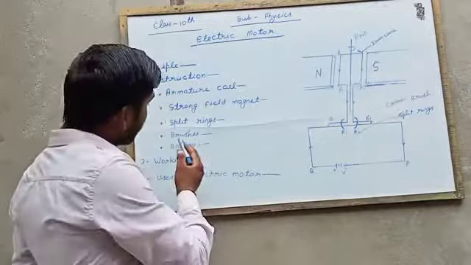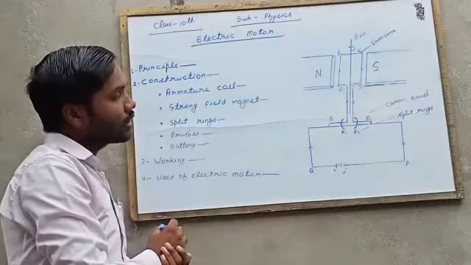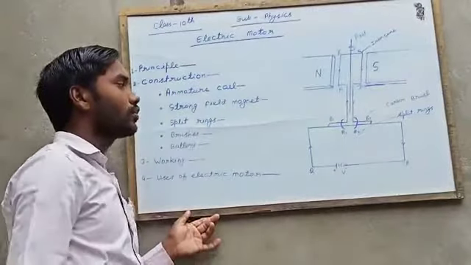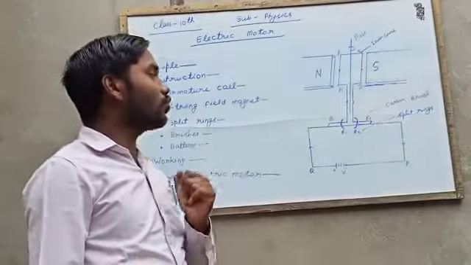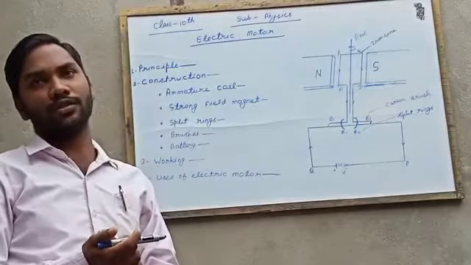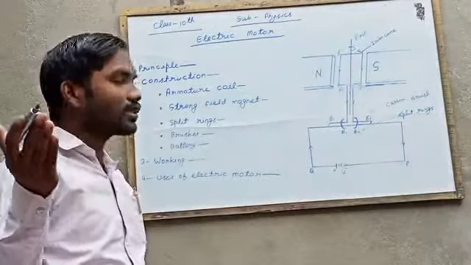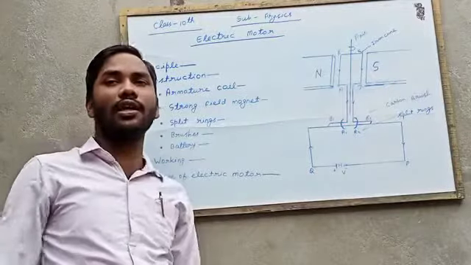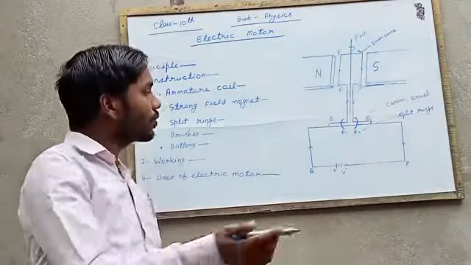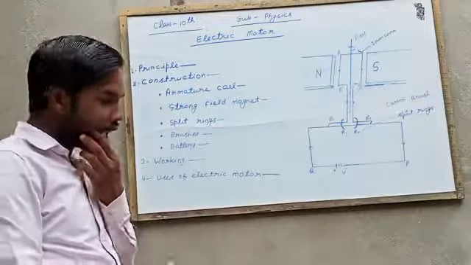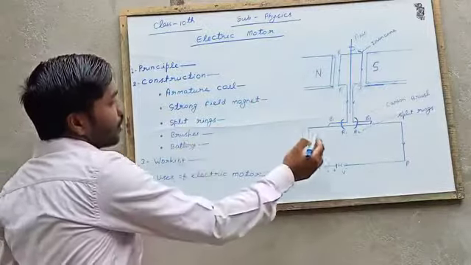After that, split rings. You can see here R1 and R2. These two are split rings. Split rings change the direction of current. After that, brushes.